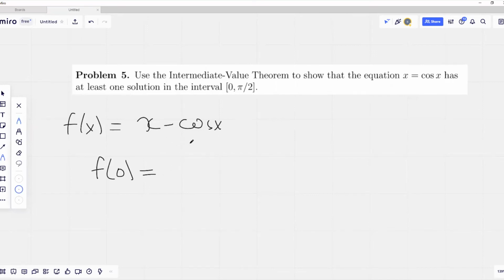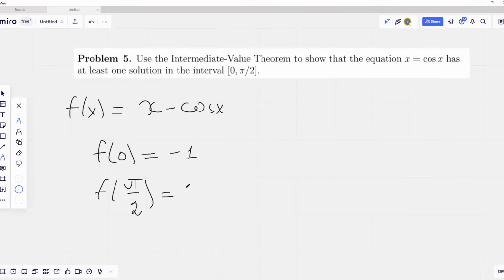This is then 0 minus 1, so this is minus 1. And f at pi over 2 is equal to pi over 2 minus 0, so pi over 2. So we can see that at that point, the value of the function is negative.